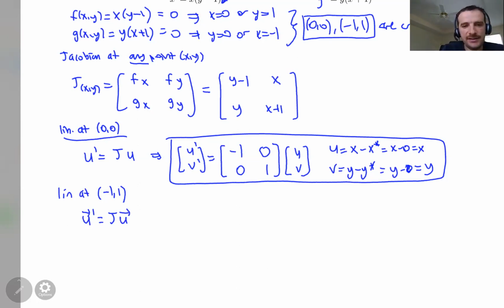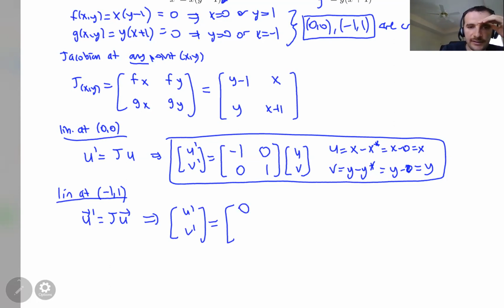It's just a matter of notation. So what does this say? (u prime, v prime) is equal to, and now plug in (negative 1, 1) in the Jacobian. Remember, x is negative 1, y is 1. So y minus 1 is 0, and x is negative 1. Then y is 1, and x plus y is 0.